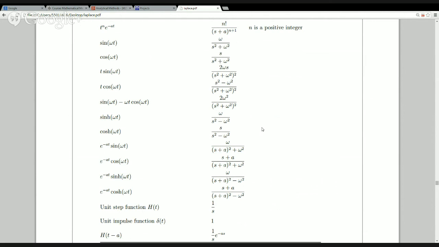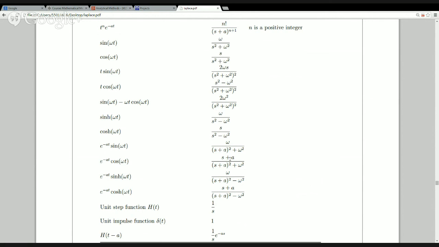Now I've got 3 s's. So I have an s there, but you see, along with the s must travel the plus a. So I need to put the plus 3 there. But of course, that's going to generate 3s plus 9, but really it's only minus 1. So in order to compensate for that, I'm going to have to subtract 10. This will be minus 10 over s plus 3 squared plus 4.